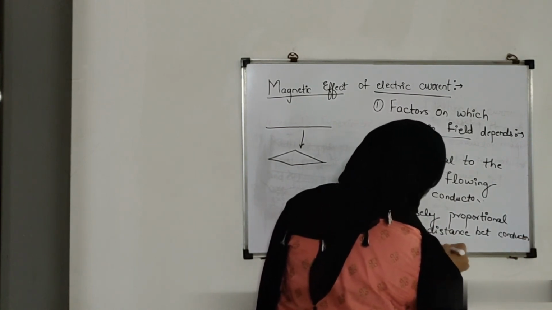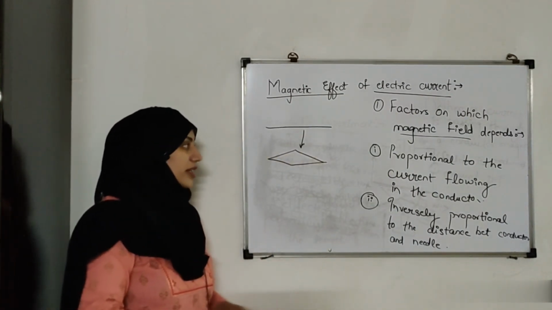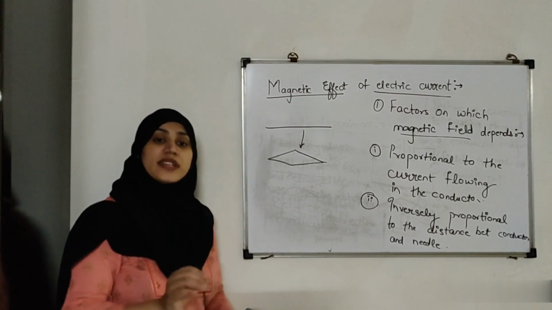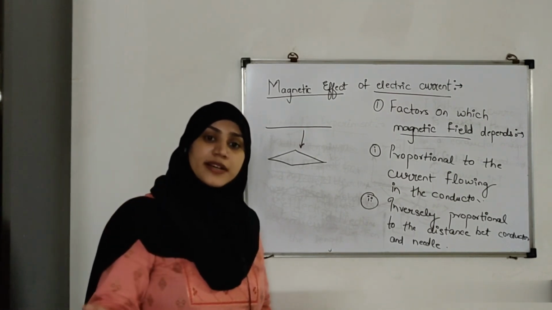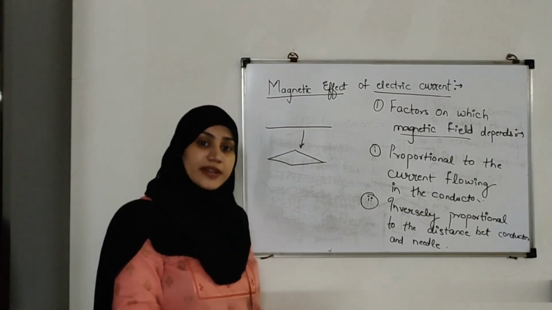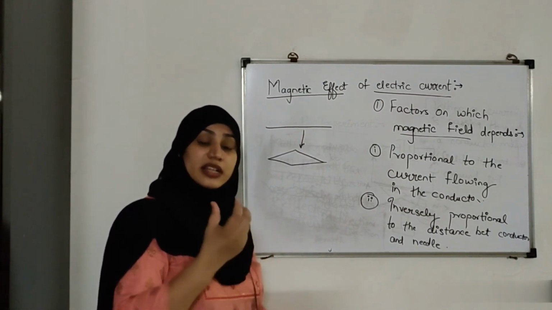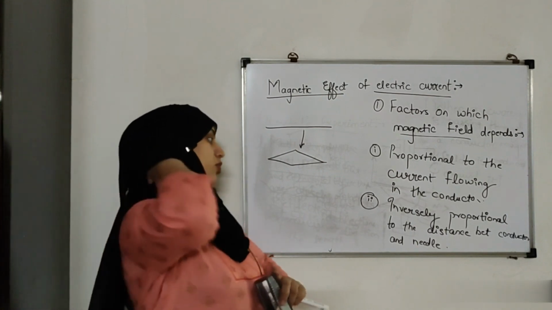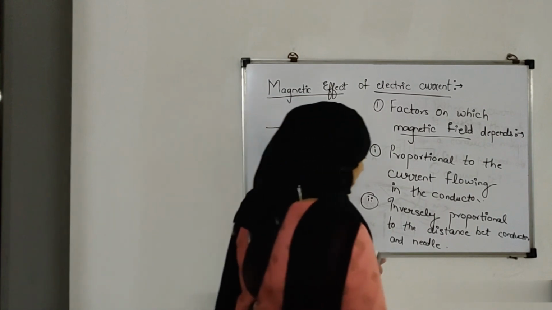These are all the factors affecting the magnetic field produced. First, it is always proportional to the current flowing in the conductor. The more the current, the stronger the magnetic field. And it is inversely proportional to the distance between the conductor and the needle.